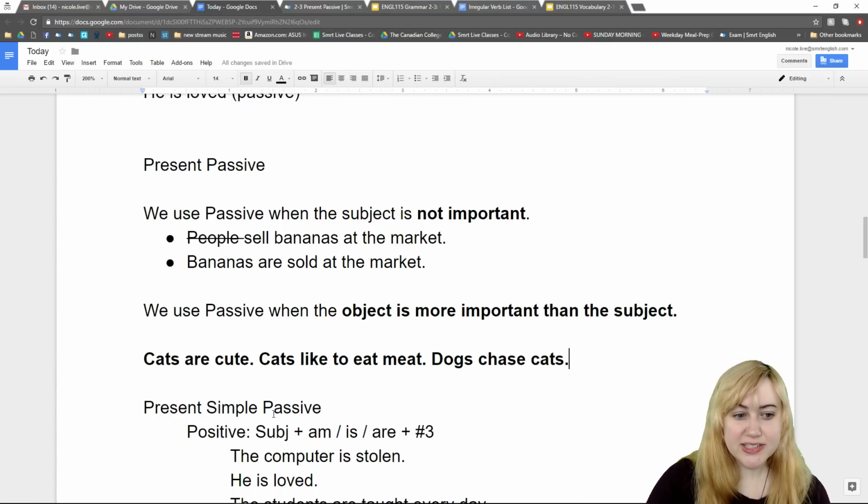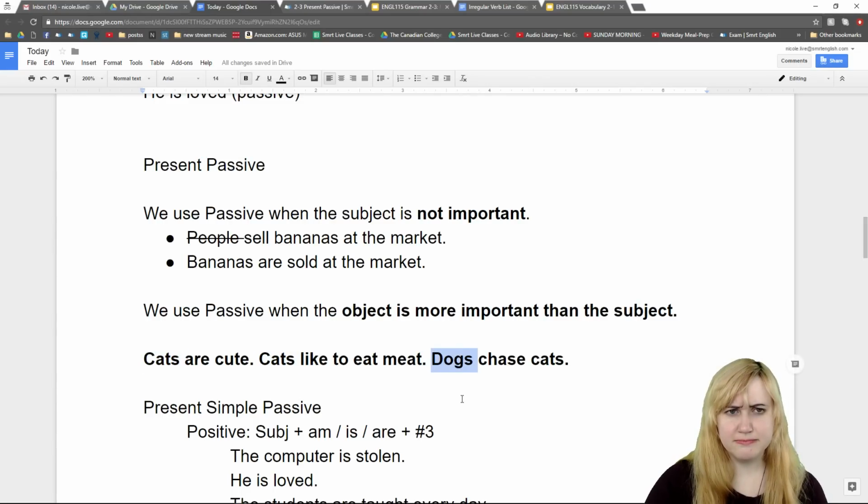Okay, so we see here cats, dogs. I'm not talking about dogs. I'm talking about cats. I think cats are important. I don't think dogs are important.